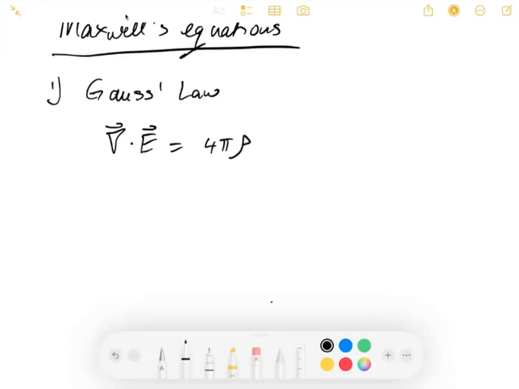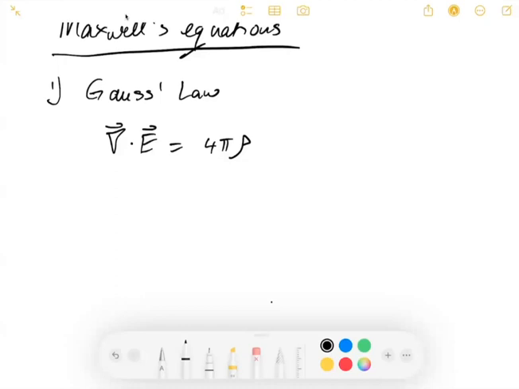And of course, rho could be a scalar field, right? It could be some kind of a density distribution, charged object spread out through space, or could be point charge. So in general, rho could be a scalar field as a function of space and time, and as a result, the electric field would also be a function of space and time.